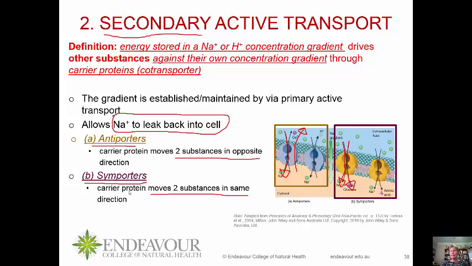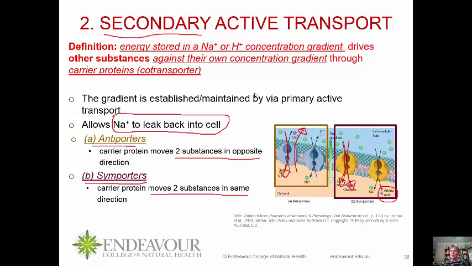So it's bringing in two substances in the same direction. An example there is glucose, and another example is an amino acid. So antiporters: two substances in the opposite direction. Symporters: two substances in the same direction.